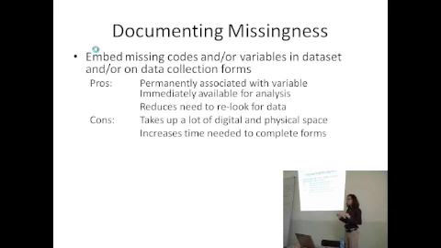If you actually put on the form a checkbox for not applicable, patient refused, then that information about why that item is missing would be in the database, embedded with the record for that specific patient on that specific visit. And there are pros and cons to this. The pros would be that information is permanently associated with that variable, and it's immediately available for analysis. It reduces the need to go back and relook at the data.